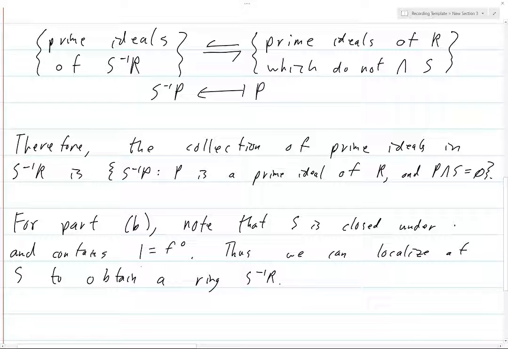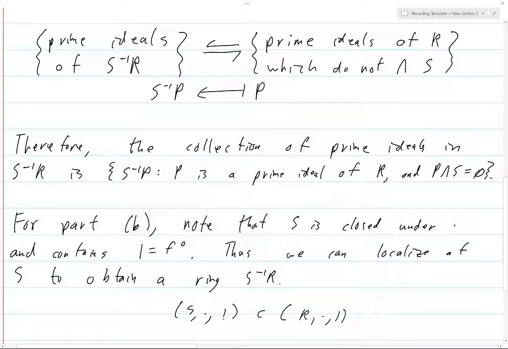I think people sometimes define localization at S to be valid only when S is a submonoid of the multiplicative monoid of R, and by submonoid it needs to have the element 1. So you have S, dot, 1 is a submonoid of R, dot, 1.